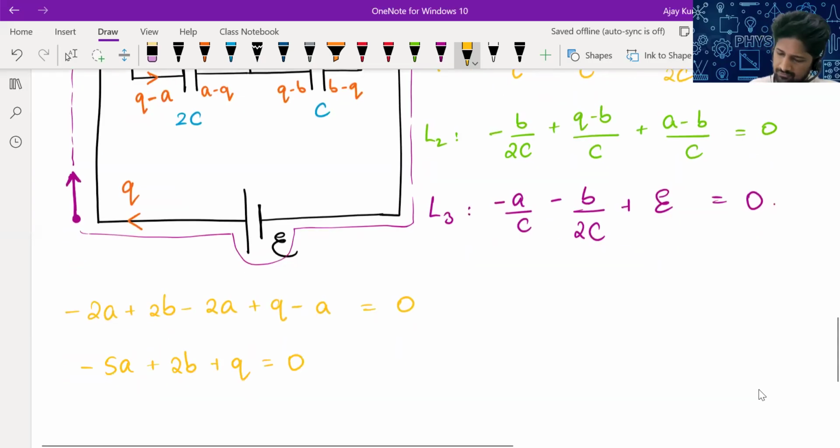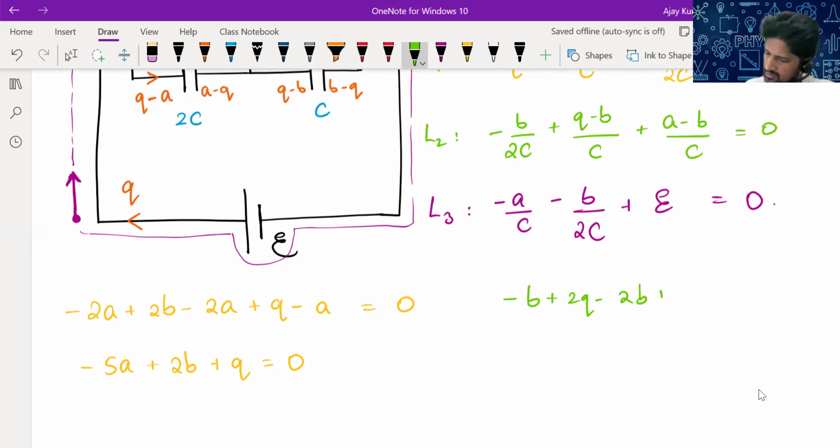Next, for the second loop, minus B plus 2Q minus 2B plus 2A minus 2B is equal to 0. I took LCM 2 and sent the C to the other side. Then effectively it becomes minus 5B, plus 2A, plus 2Q is equal to 0.